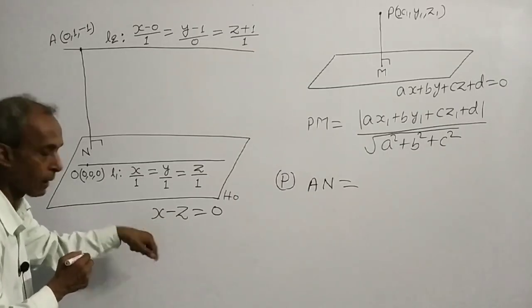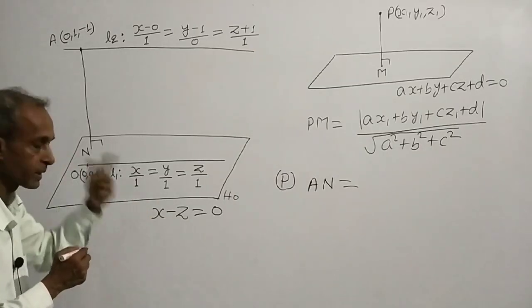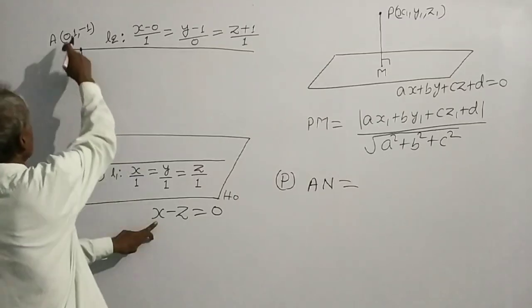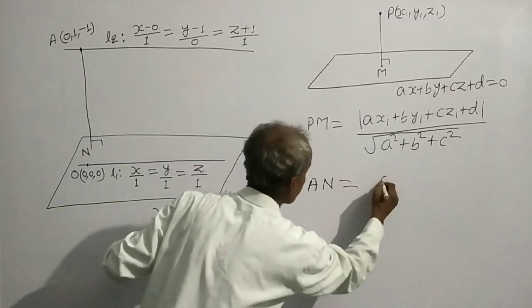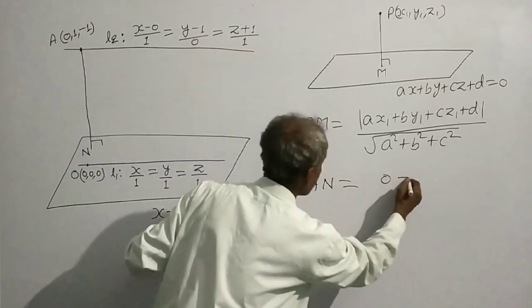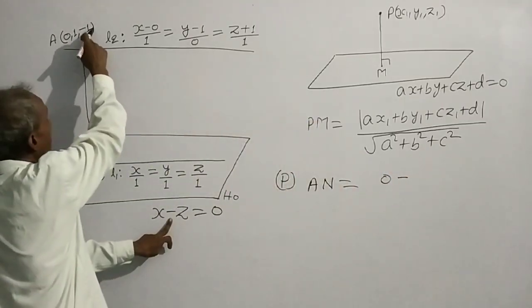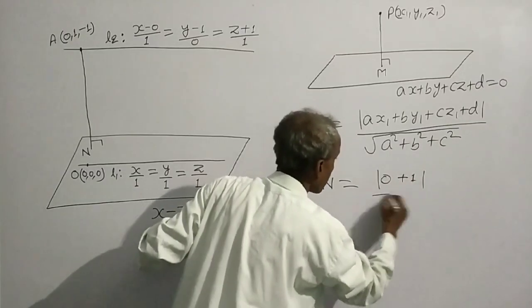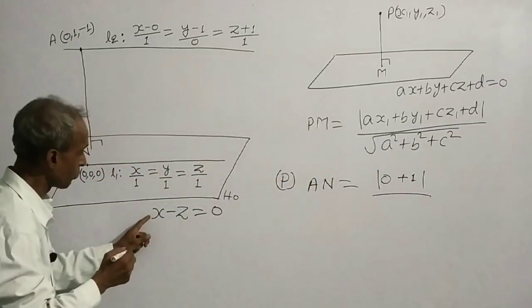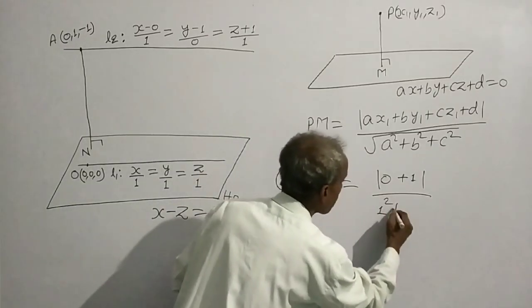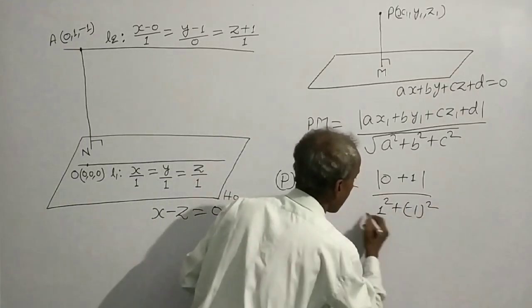In this equation y is absent, that means the coefficient of y is 0. In place of x we write 0. Minus, in place of z we will write minus 1, this will become plus 1. Take mod. Divide it by the square root of 1 square plus 1 square plus minus 1 square.